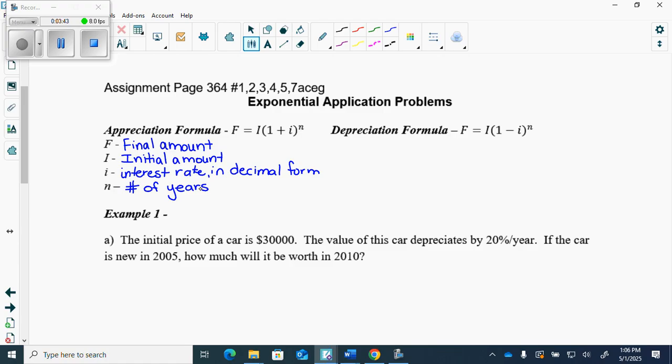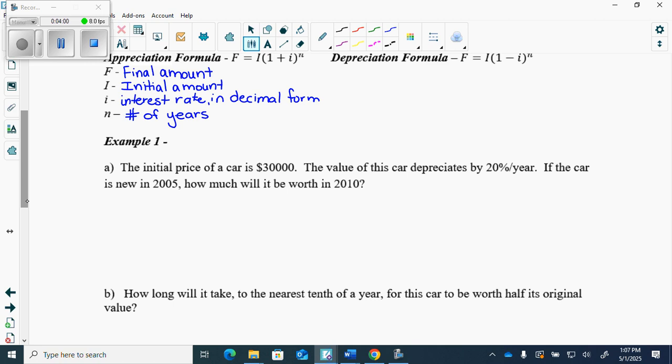So, the n doesn't change. The i and all the spots, they don't change. But it does matter if we appreciate or increase, or depreciate or decrease, because then we have to subtract or add. So let's look at example 1. Example 1 says the initial price of a car is $30,000. What letter is that?